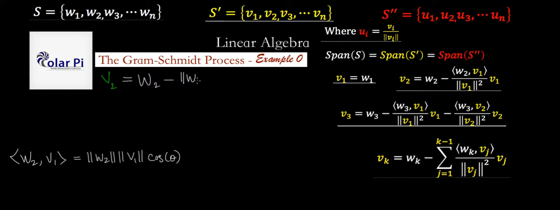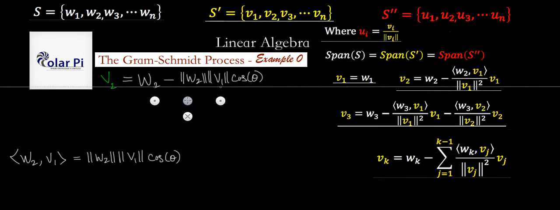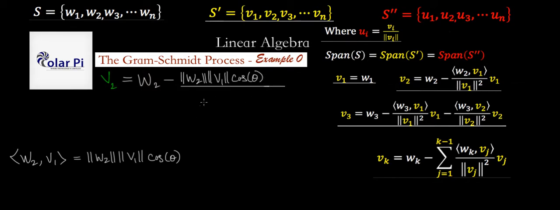So the norm of W2, times the norm of V1, times cosine theta, where theta is the angle between the vectors V1 and W2. Now this here has a denominator, and that's the norm of V1 squared. And so I'm going to write the norm of V1 squared.